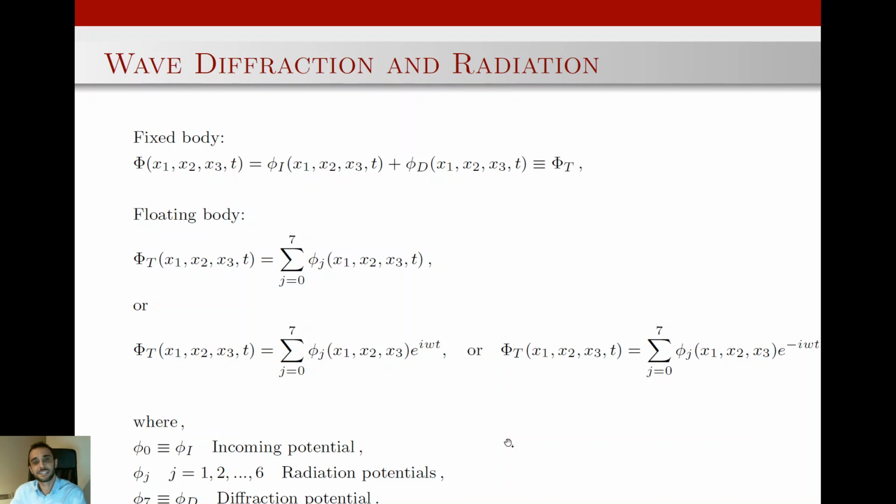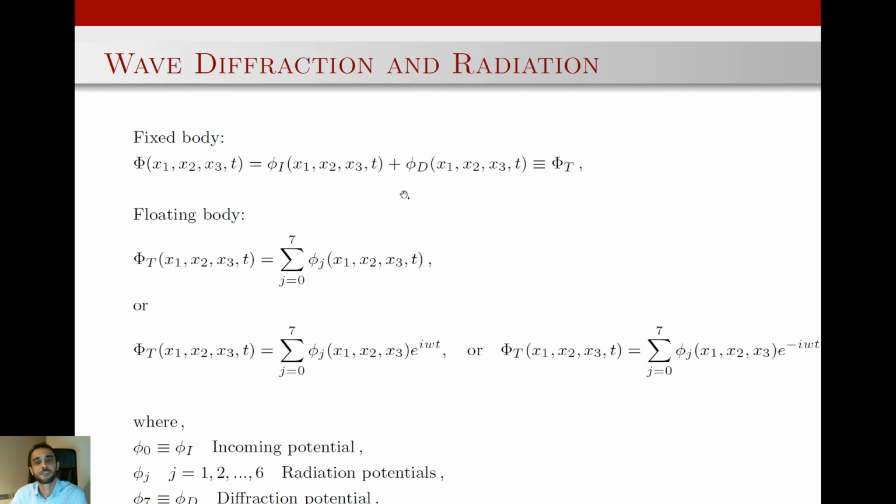So in classical linear diffraction theory, we have this approach where we separate the total potential into a series of potentials. In the case of a fixed body, we split it into the incoming potential, phi I, and the diffraction potential.